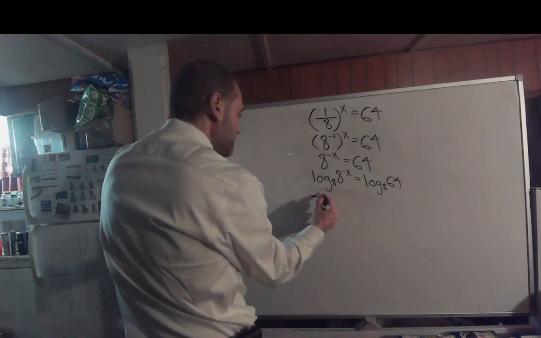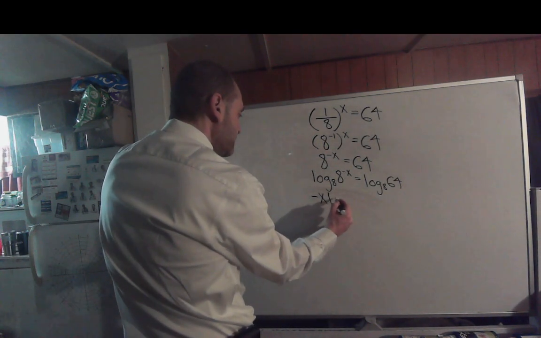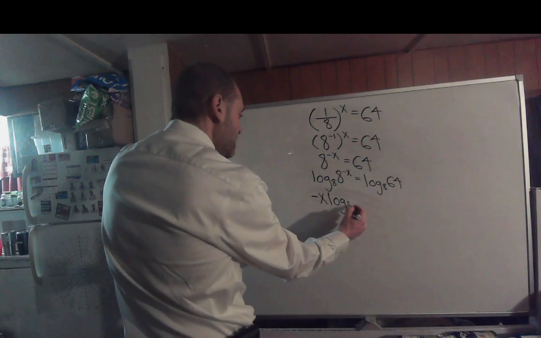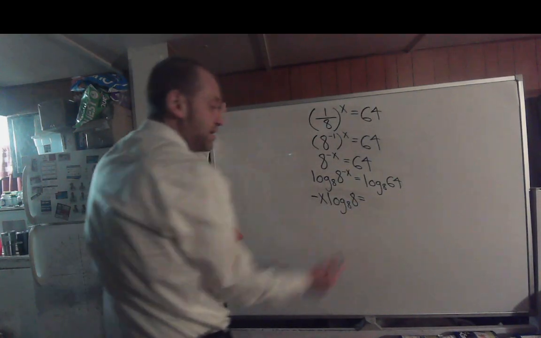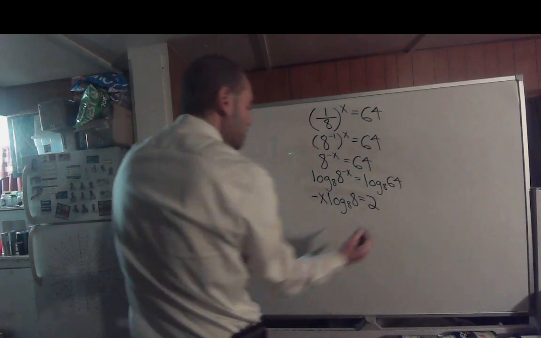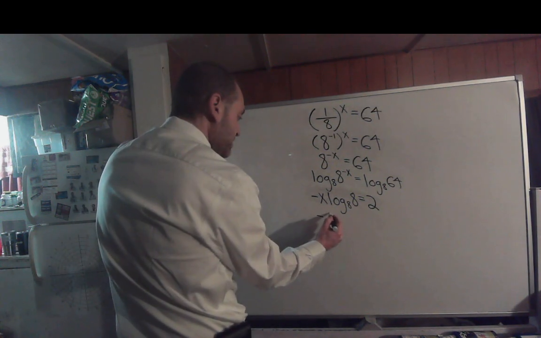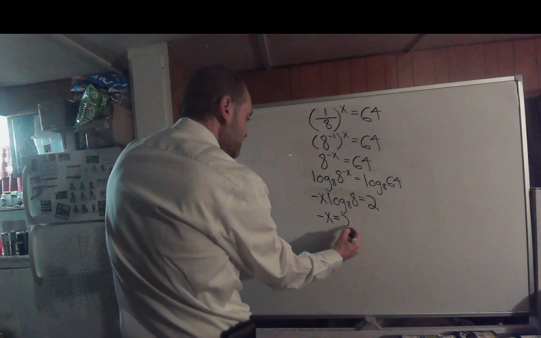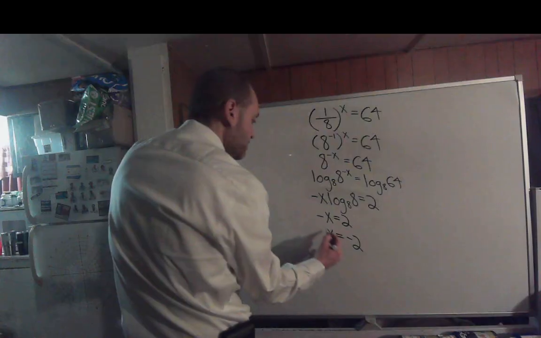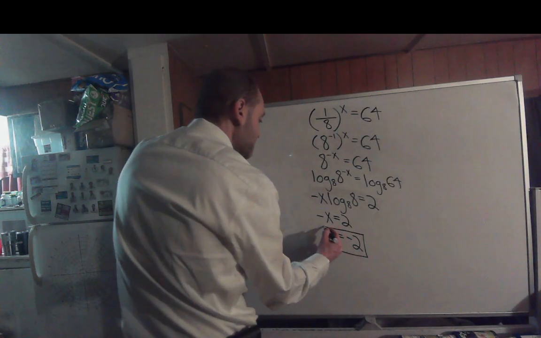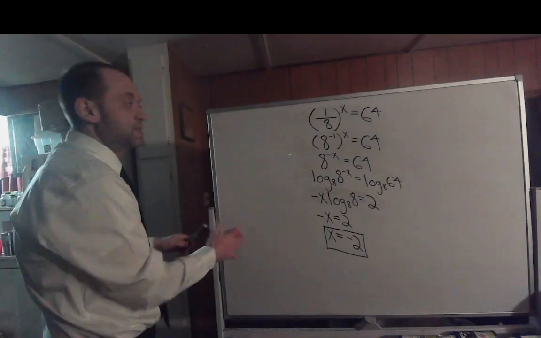That negative x will come down front, so you'll have negative x log base 8 of 8, which would equal log base 8 of 64, which is 2. So this would just turn into negative x equals 2, giving you that x equals negative 2. So the answer this time is x equals negative 2.